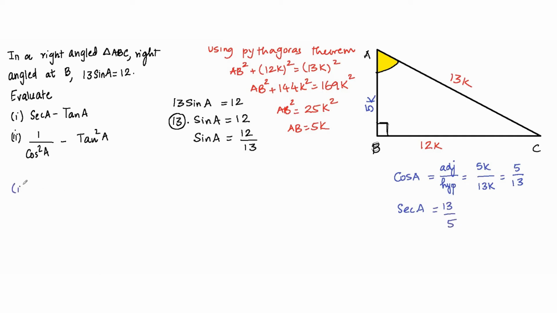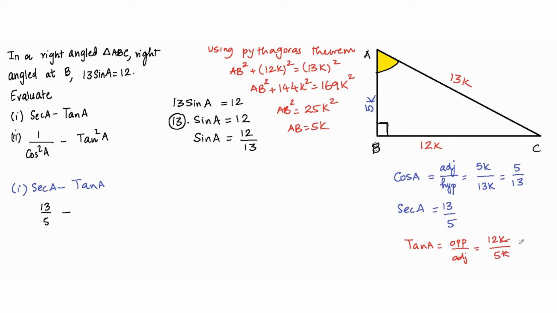The first subpart is sec A minus tan A. Sec A is 13 by 5, so this is 13 by 5 minus tan A. Let us find the value of tan A. Tan A is given by opposite upon adjacent. The opposite side to A is 12K and the adjacent side is 5K.